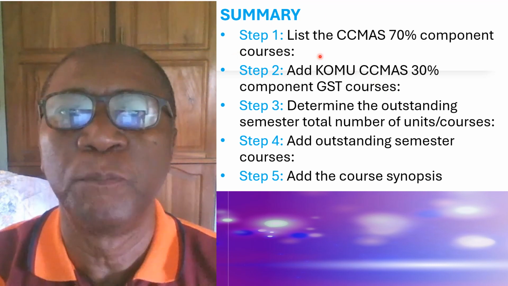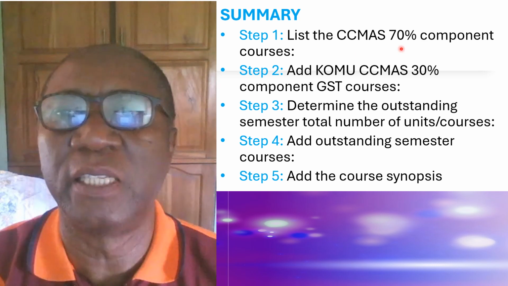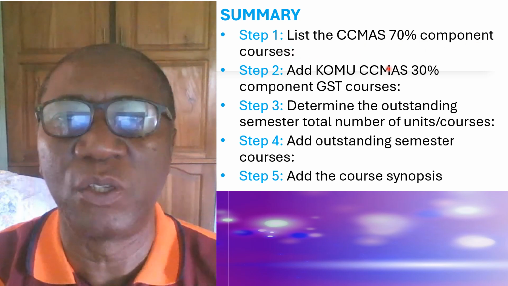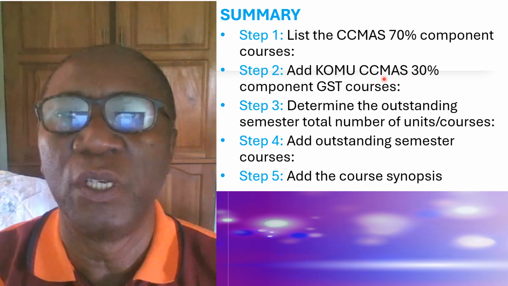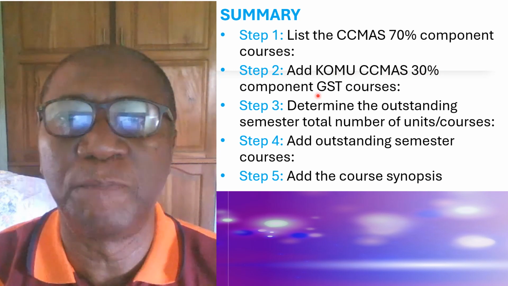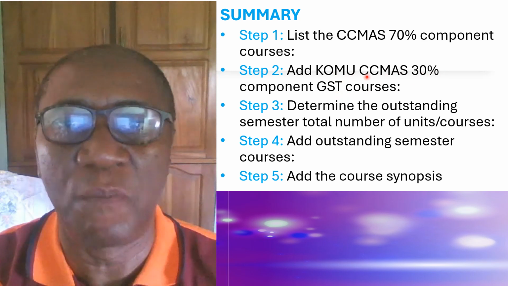So in summary, step 1 is to list the CCMAS 70% component courses. Step 2 is to add the KOMU CCMAS 30% GST courses because they are compulsory.